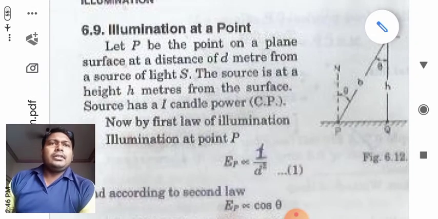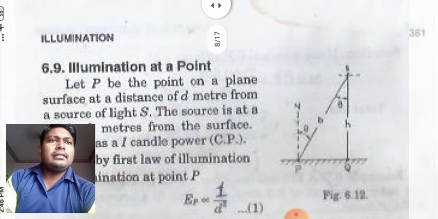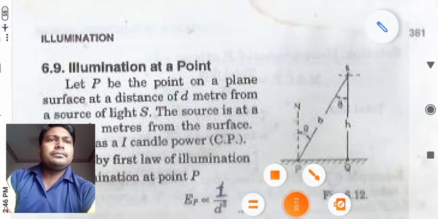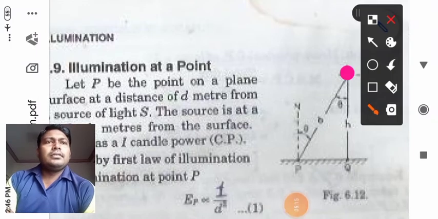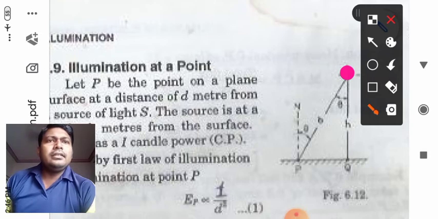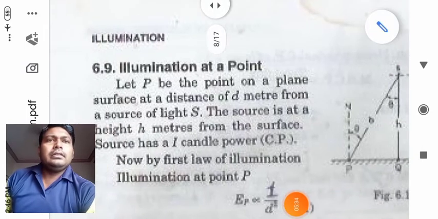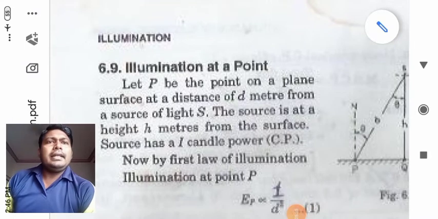Let P be the point on a plane surface. Mind you students, this surface is plane and is situated at a distance small d meters from a source of light S. S is the source of light, this one, and it is d meters away from the source of light. The source is at a height h meters from the surface.